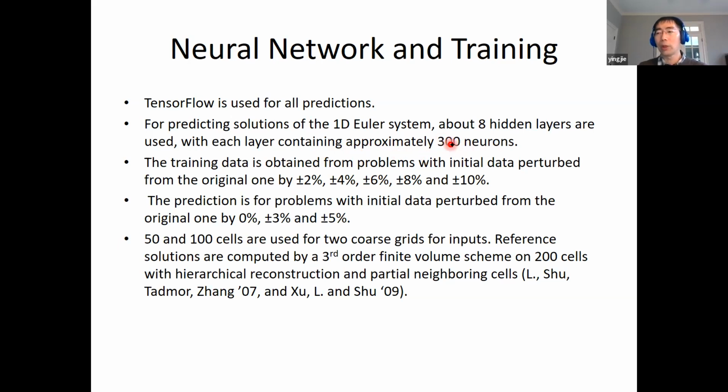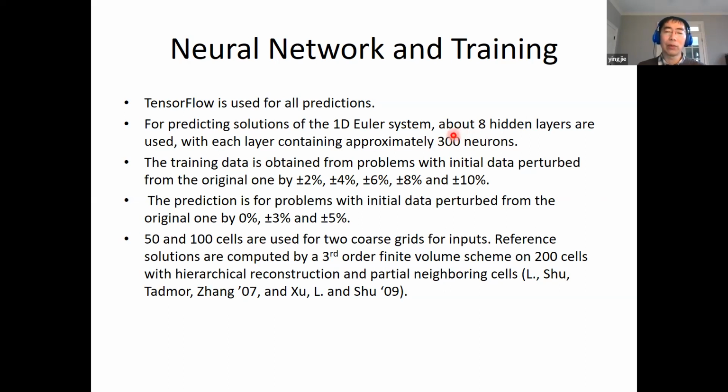Because you have 3 variables: density, pressure, and velocity. So for each variable, we have to allocate about 100 neurons. So it will be 8 times 300. That's the neural network.